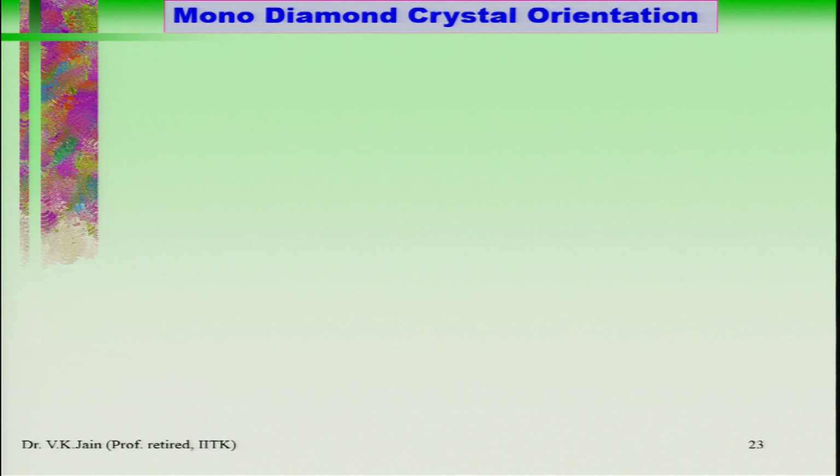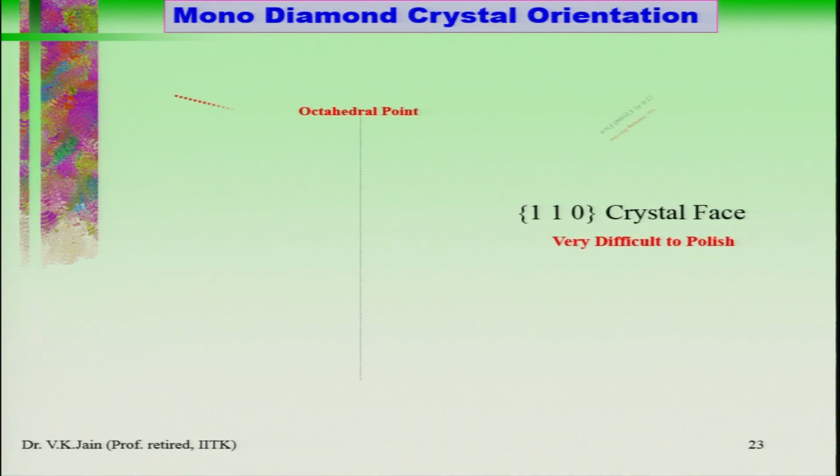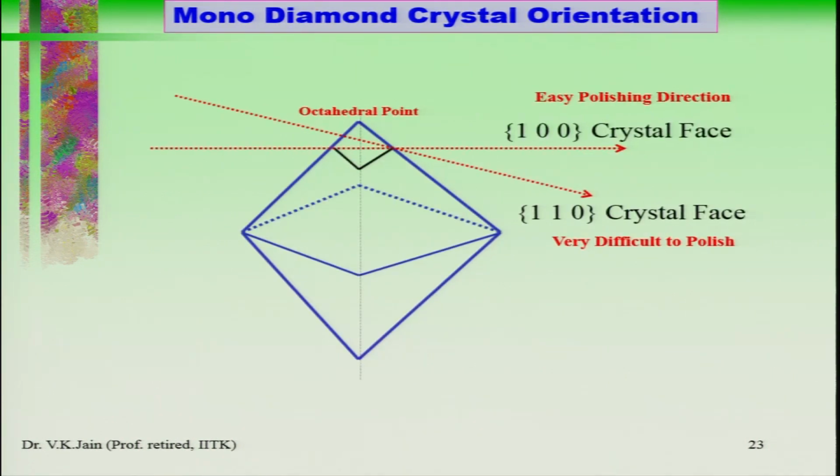Mono diamond crystal orientation, because let us see the orientation of the different faces. You can see this is the octahedral point. Now, along the 100 plane, it is the easy polishing direction. The 110 crystal face is very difficult to polish.